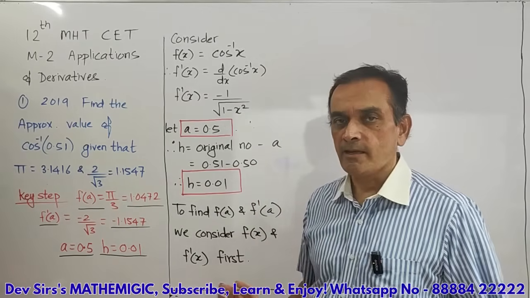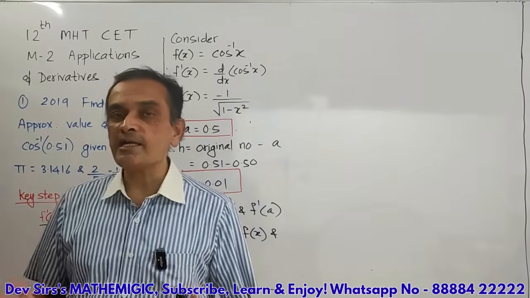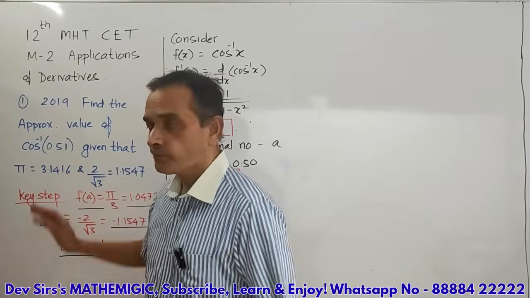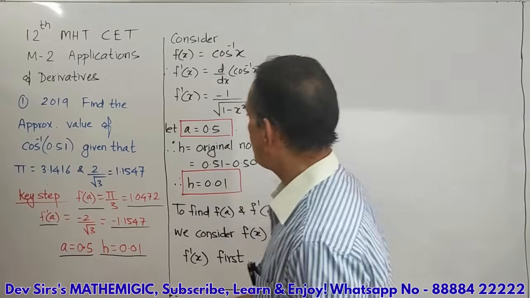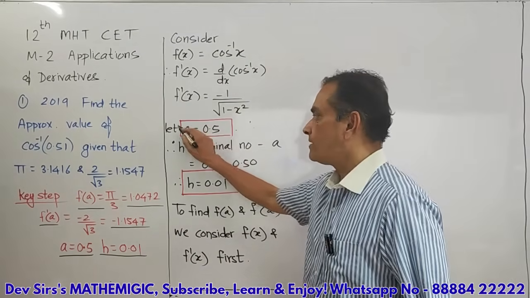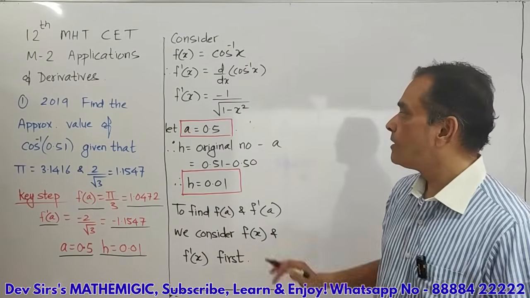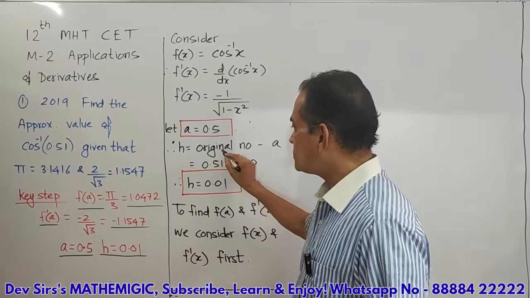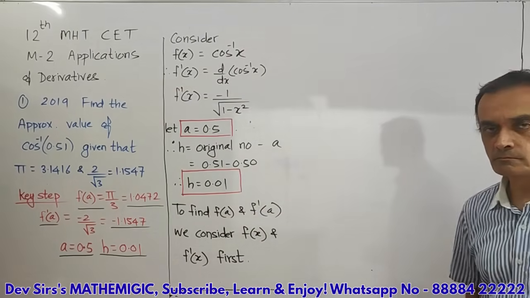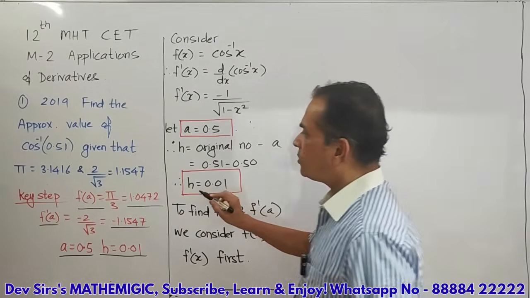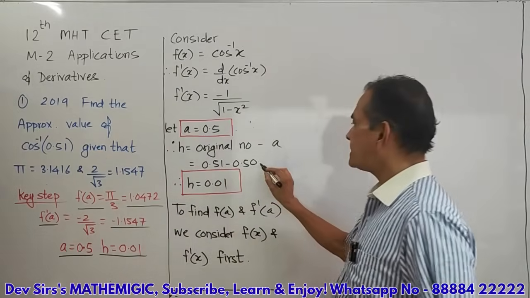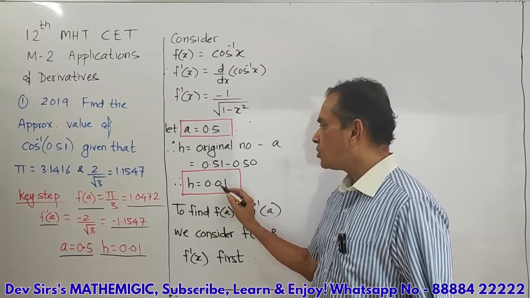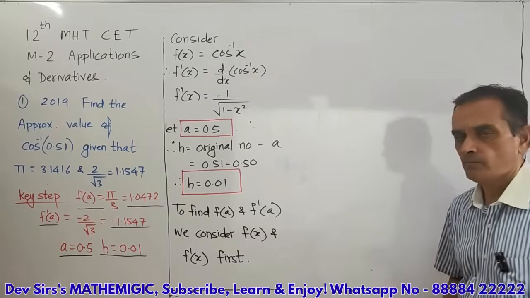That is called A. As soon as we get A, H is given by original number minus A. Original number is 0.51 minus A, which is 0.50, that is 0.01. That is the value of H.